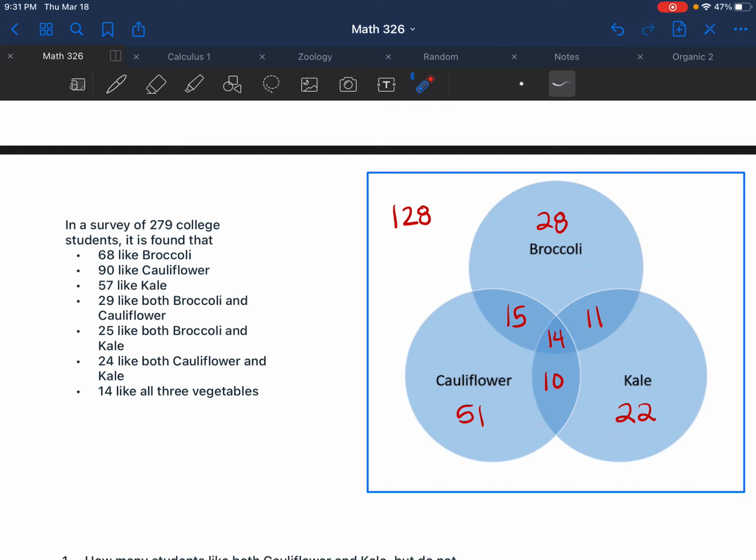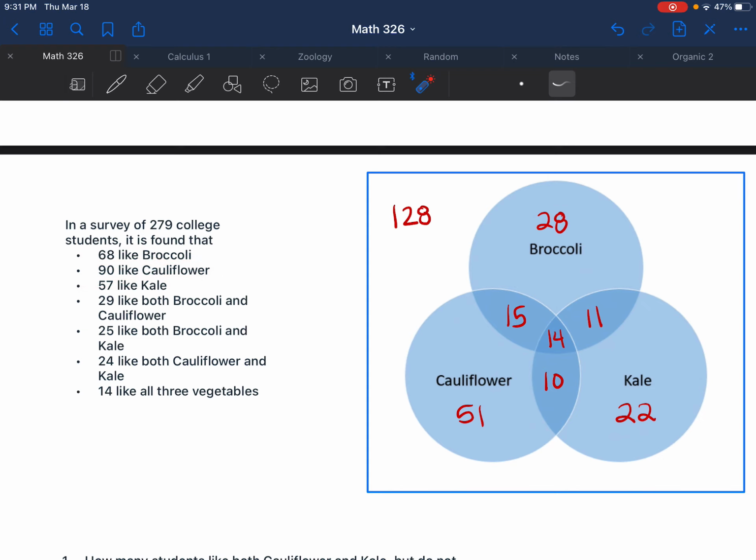Same thing with 90 people like cauliflower. So we know 90 people like cauliflower, but in our Venn diagram, we get more information from that 90. We can see that 15 of those like cauliflower and broccoli, 14 like all three, 10 like cauliflower and kale, and 51 like only cauliflower. We don't get that information just by looking at this list.